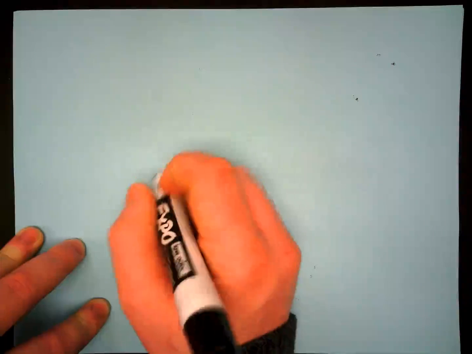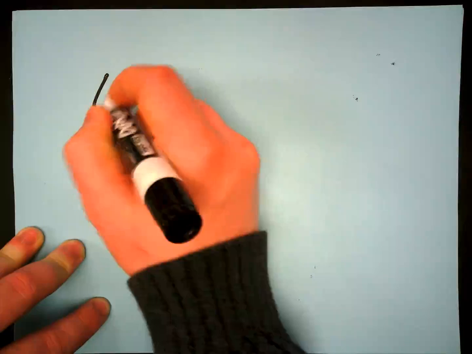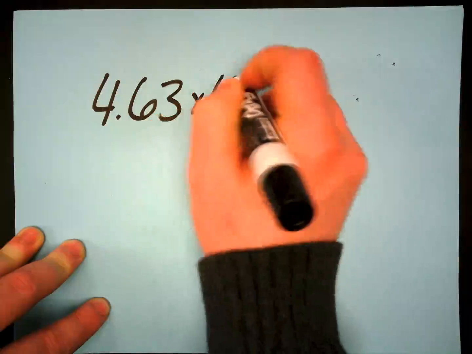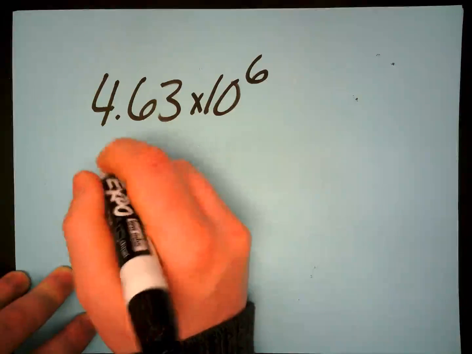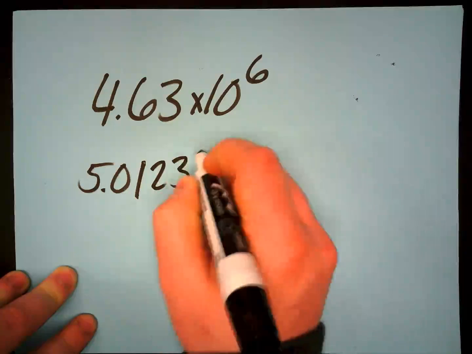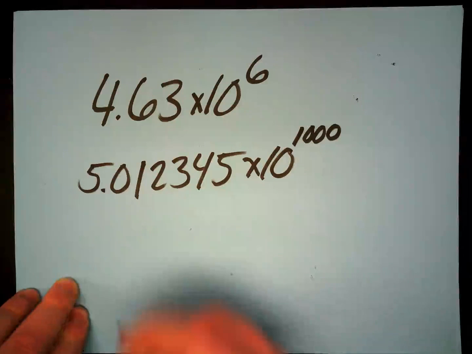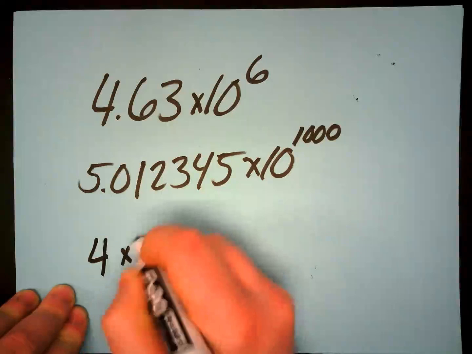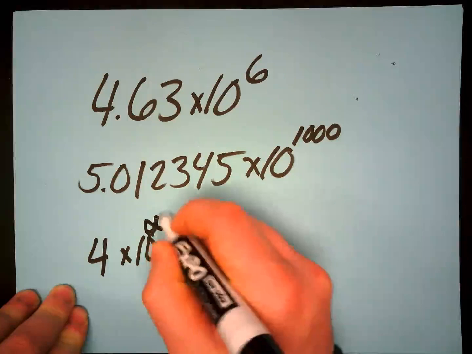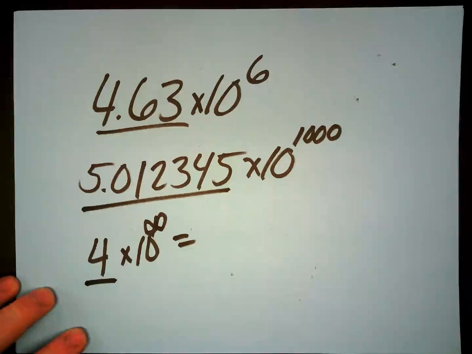That's something I did talk about in the last video, but real quick, to touch on it again: if you have a number like 4.63 times 10 to the 6th power, or 5.012345 times 10 to the 1000th power, or just 4 times 10 to the infinitieth power, remember the only things we really care about are these numbers that are not associated with the times 10.